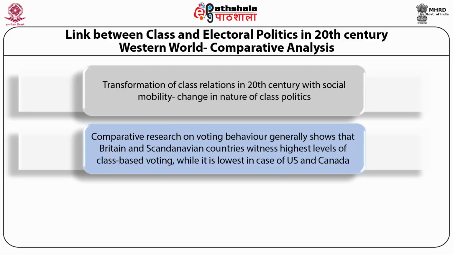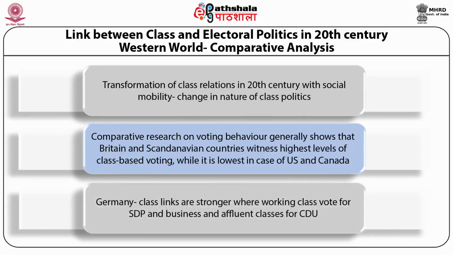Although ethnic cleavages have overtaken class cleavages in British society, the impact of class on voting still continues in some form or the other in Britain. In Germany, class links with politics are very strong.